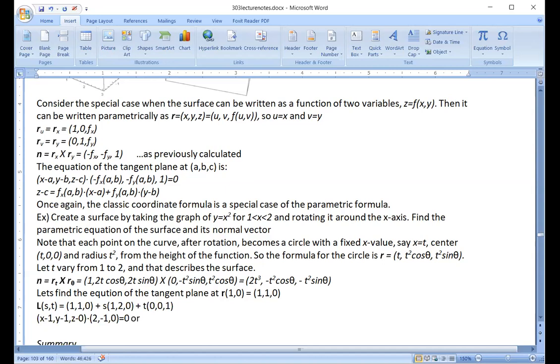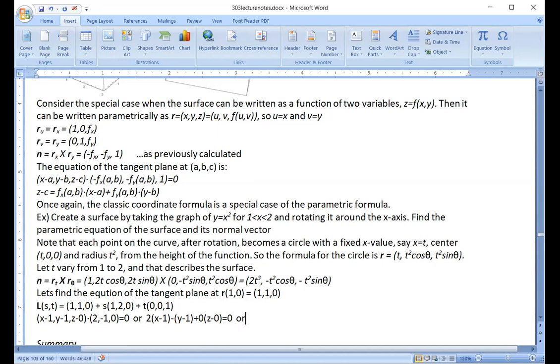Or if you like, we could work it out a little further. That would give you 2(x − 1) − (y − 1) plus 0 times (z − 0), and that's got to equal 0.